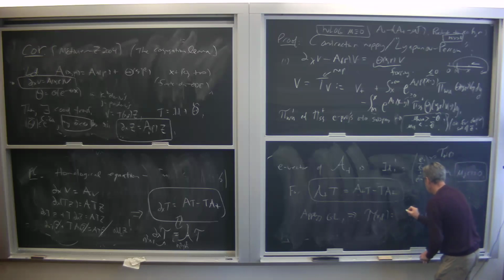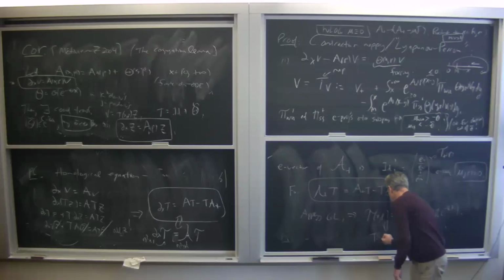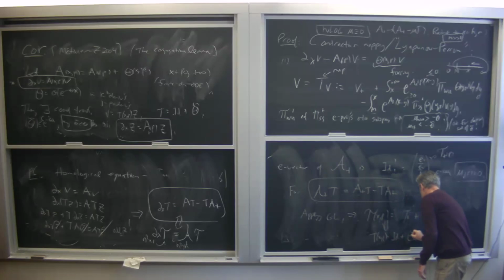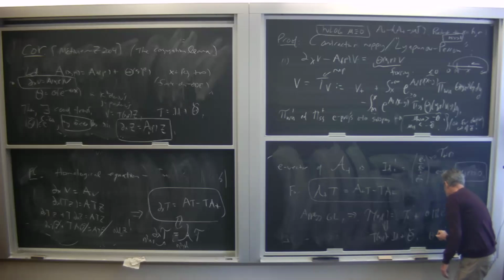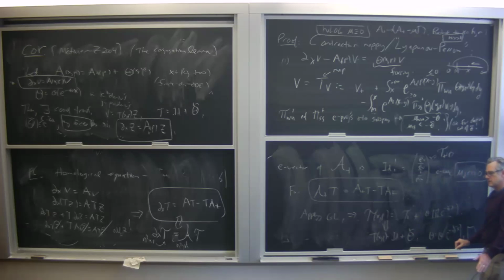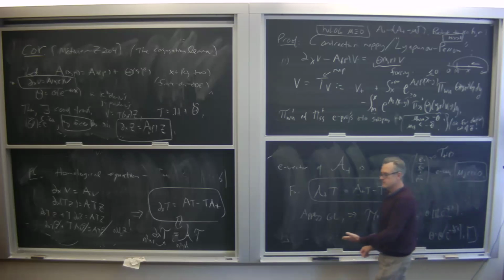But now, projecting down from the lifted description, T of x, p is equal to the identity plus some theta tilde, which is just defined to be this piece, and is big O of e to the minus theta tilde x. And that's what the statement of the theorem was.